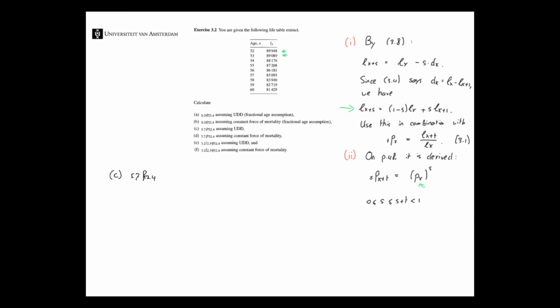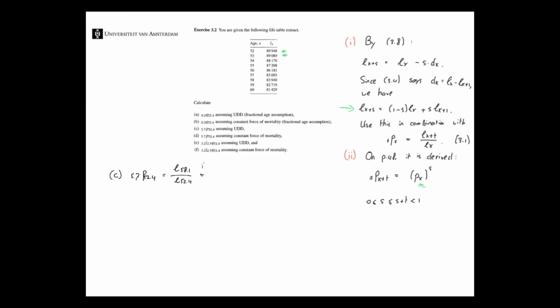Now, to use the UDD, what do we do? Well, we can rewrite this probability immediately as a fraction of the number of people surviving. So on the top we get 52.4 plus 5.7, which is 58.1, and here we get 52.4.